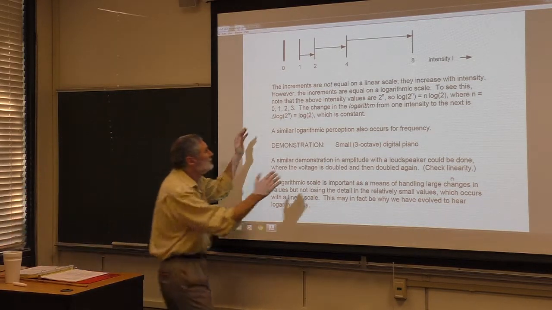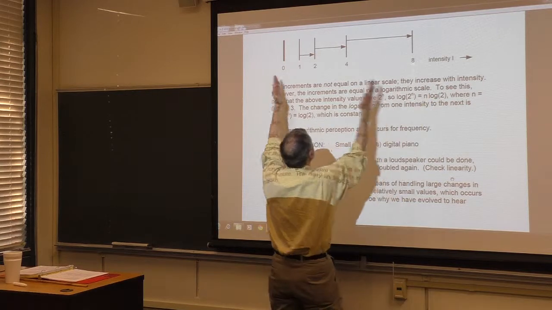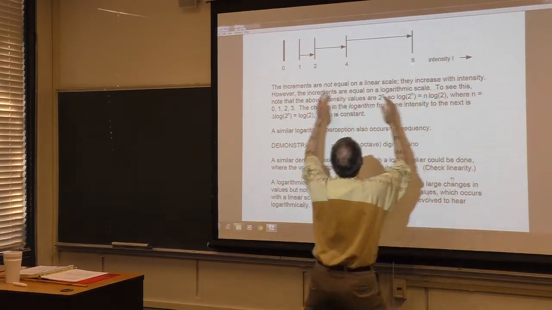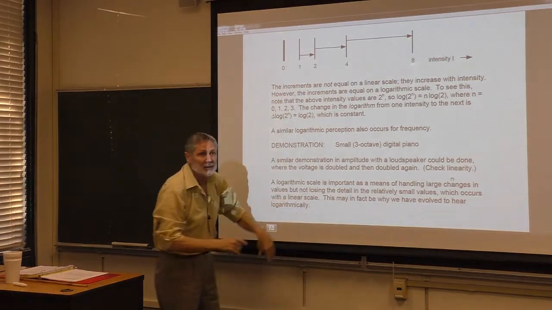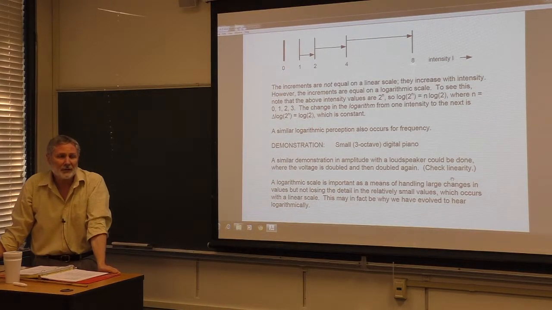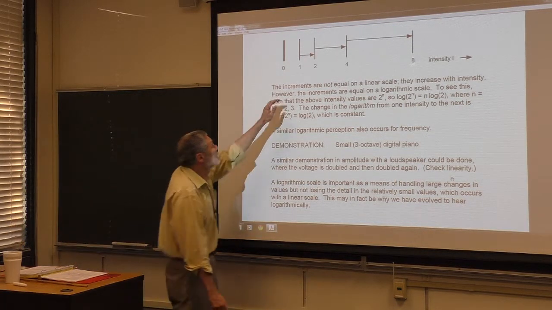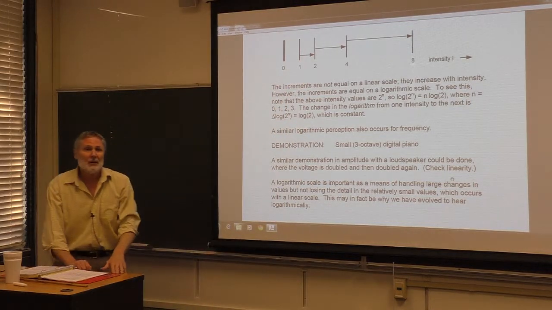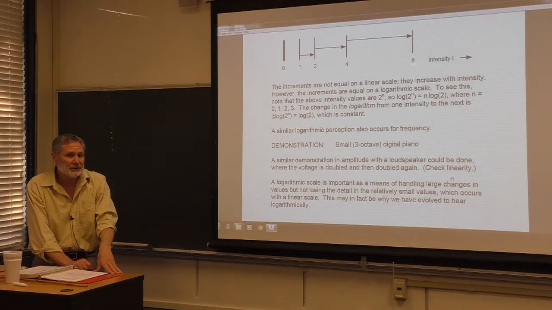So what it's doing is, it's not just compressing this uniformly. It's like I said before, it's compressing these more than down here. So it'll allow you to see the structure down here. And this is probably why we hear logarithmically. It's in our evolution. If we heard linearly, we probably wouldn't be able to discern small amplitudes or smaller frequencies.